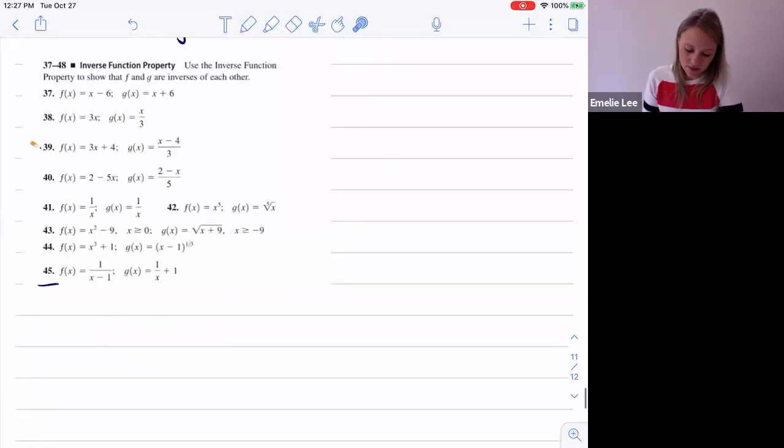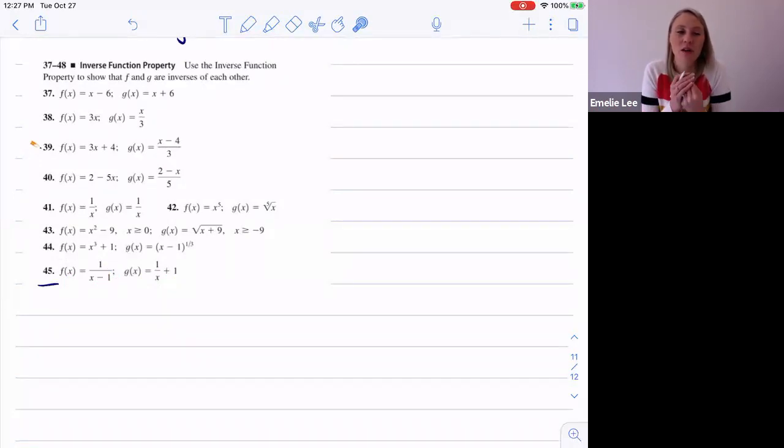Here, what this is saying is that if f of x is 1 over x minus 1, its inverse is 1 over x plus 1. That looks a little different than probably what we want it to be, but that is the inverse of f of x. And vice versa, if we have g of x, then f of x is the inverse of that. So here they're being handed to us.